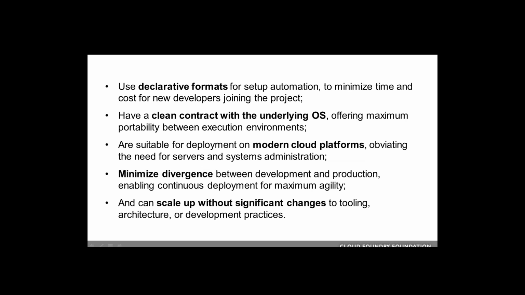A good summary of the 12-factor model, though, is to really look at these 5 basic bullets. And each one of them is really important when you think about how you're designing your applications to run on a platform like Cloud Foundry, or even if you're going to use some sort of bespoke platform. You're still going to want to find ways to think about declarative formats for any of the automation that you're going to put in place.